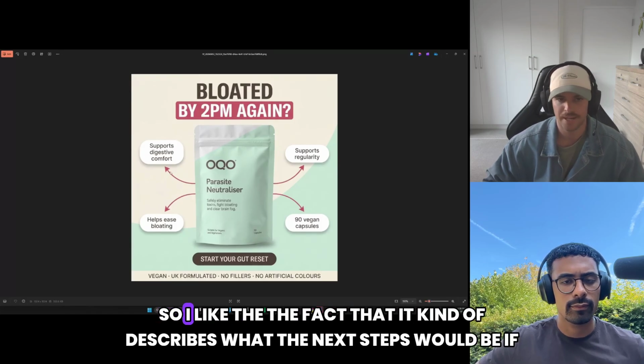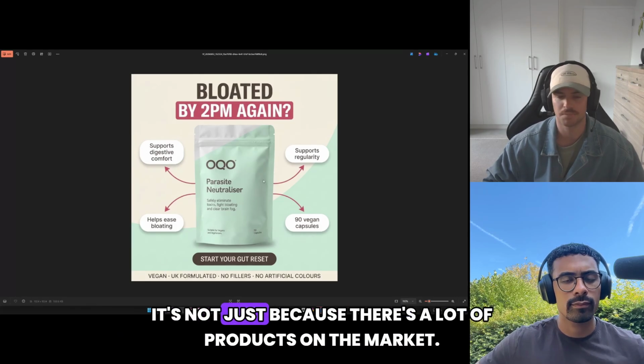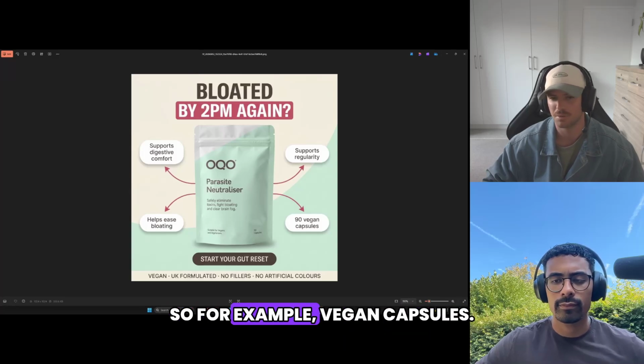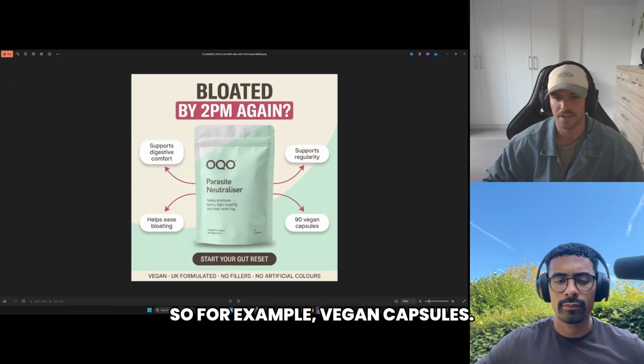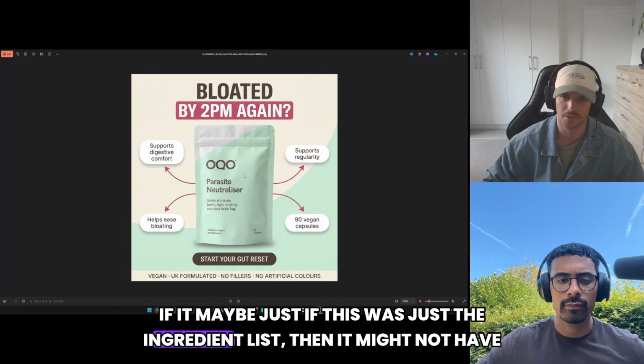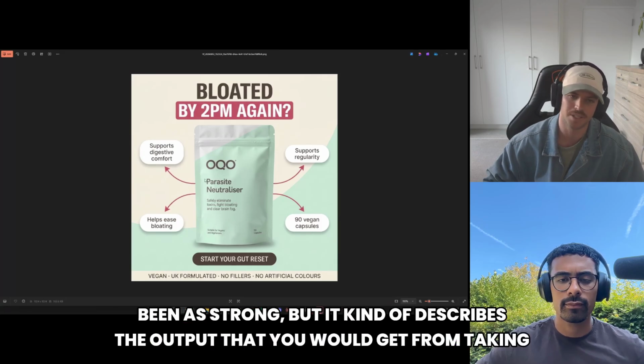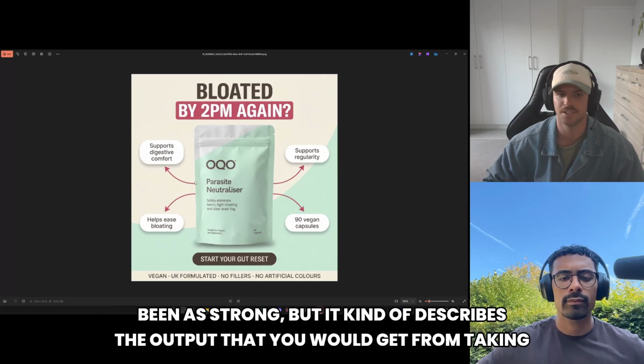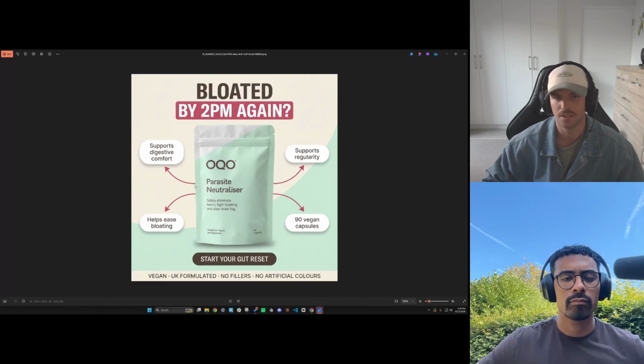So I like the fact that it describes what the next steps would be if you take this product. It's not just because there's a lot of products on the market. So for example, vegan capsules, if this was just the ingredient list, then it might not have been as strong, but it describes the output that you would get from taking this product.